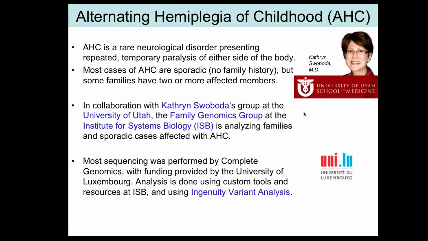Most cases of AHC are sporadic, but there are also some family cases that Kathy could collect. So we have been sequencing the genomes of people in these families, both affected and unaffected people. The sequencing was done by Complete Genomics, funded by University of Luxembourg. And we've been doing the analysis using both our resources at ISB and Ingenuity variant analysis.